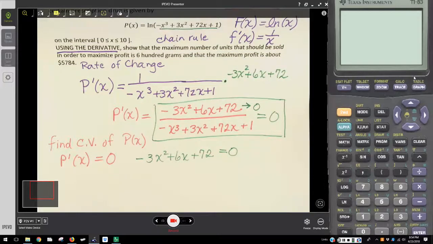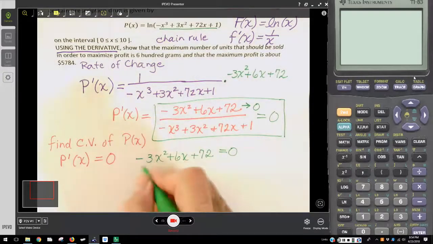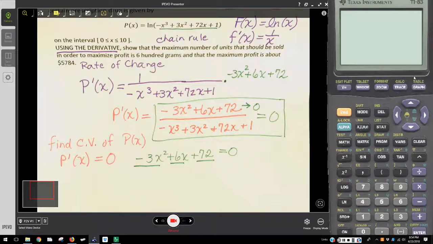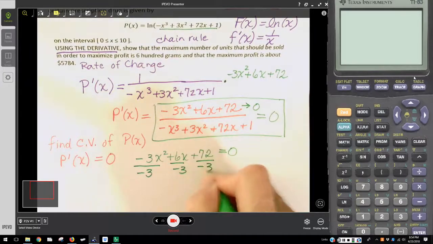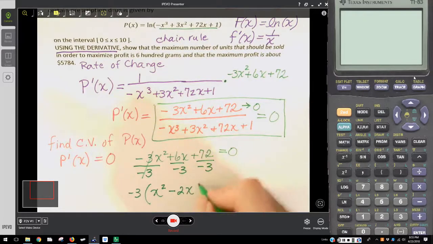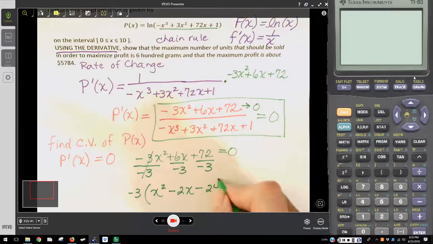And just because I noticed that negative 3 will divide into all of these, I'm going to see if this will factor. So then I get negative 3 times x squared minus 2x minus 24 is equal to 0.